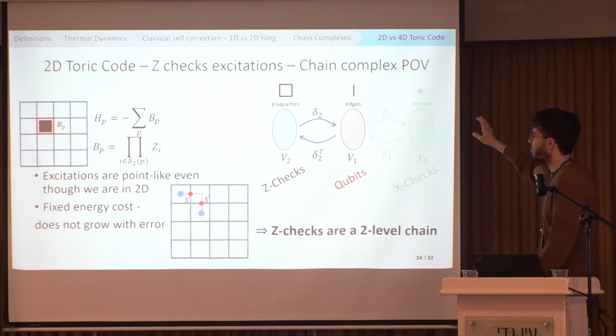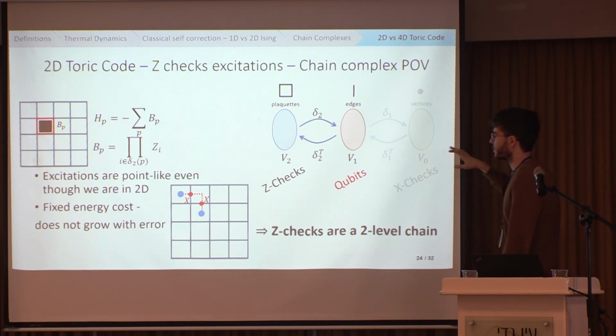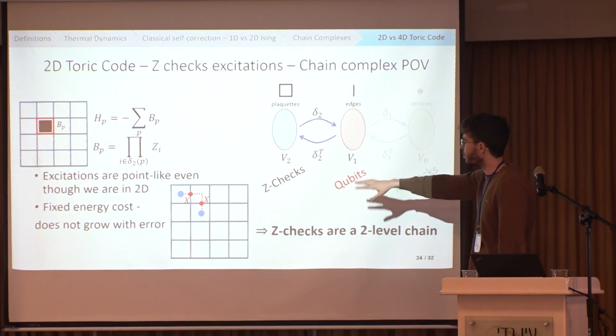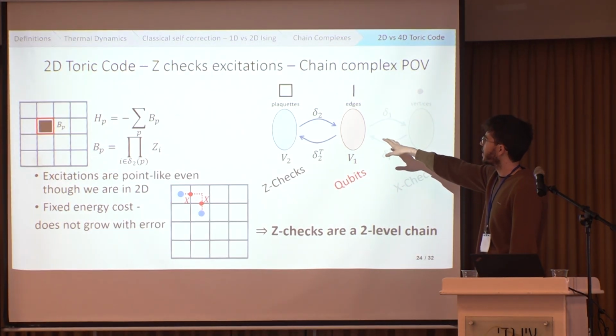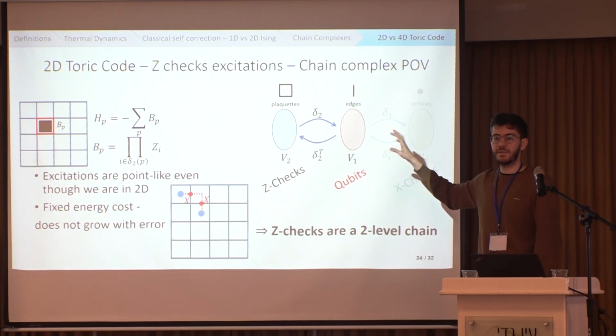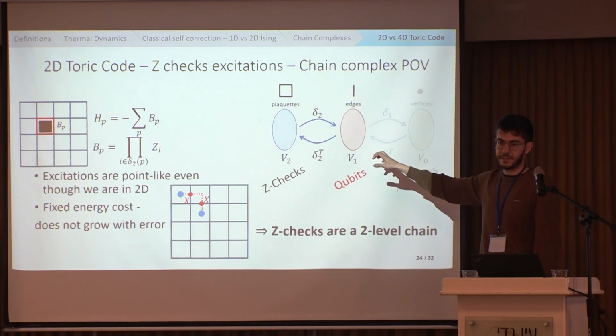Even though we have 3 spaces and we sit in 2 dimensions, the walls, the Z checks and the qubit sit in the spaces such that they create only a 2-level chain, and because of this, violations are point-like.